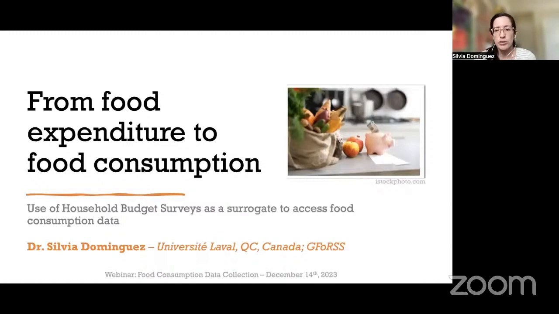So basically, I will describe the data transformation steps, which are several, that are needed to go from the amount a household spends, so this is expenditure, in food, to the amount of food consumed by what we call an adult male equivalent. But I will explain all that in the coming slides. So let's get started.